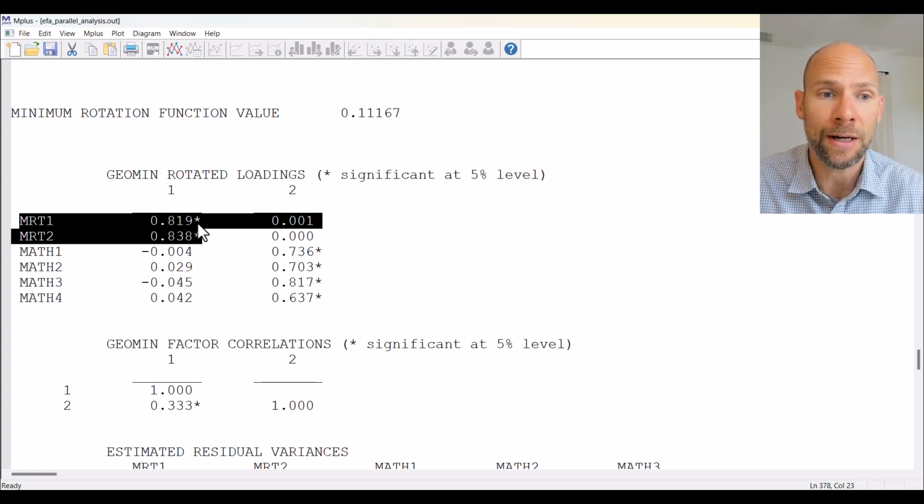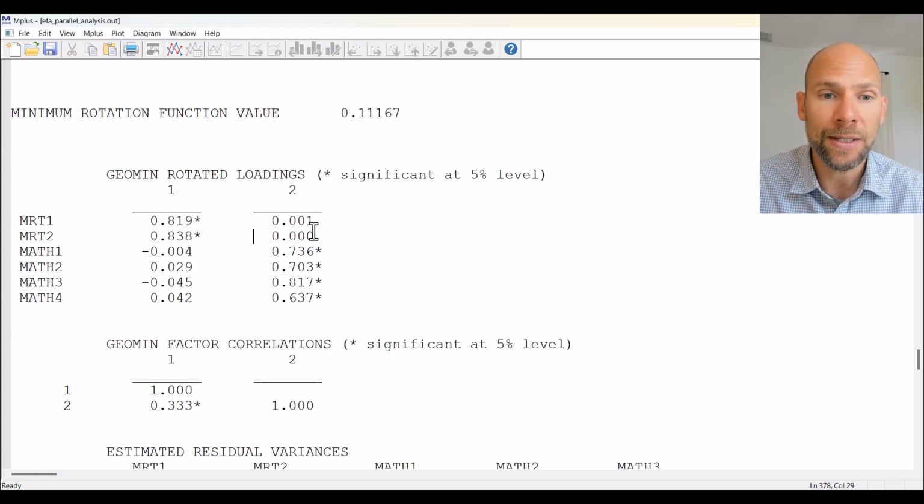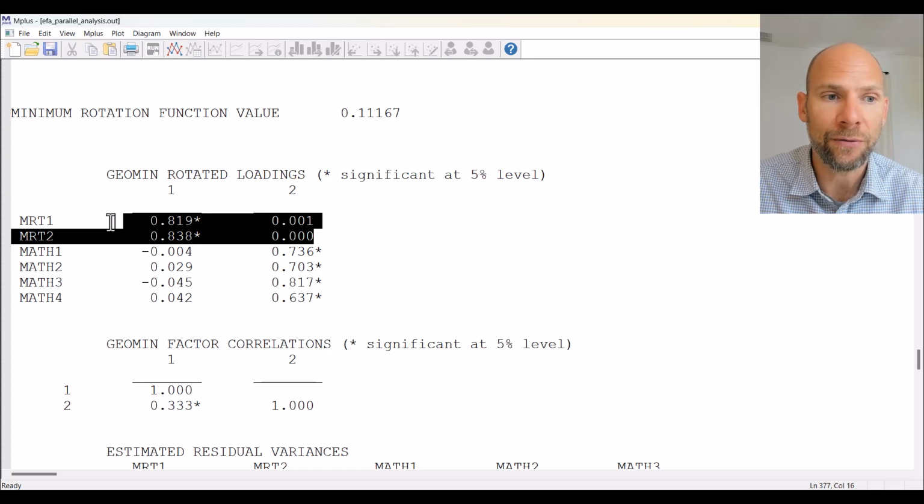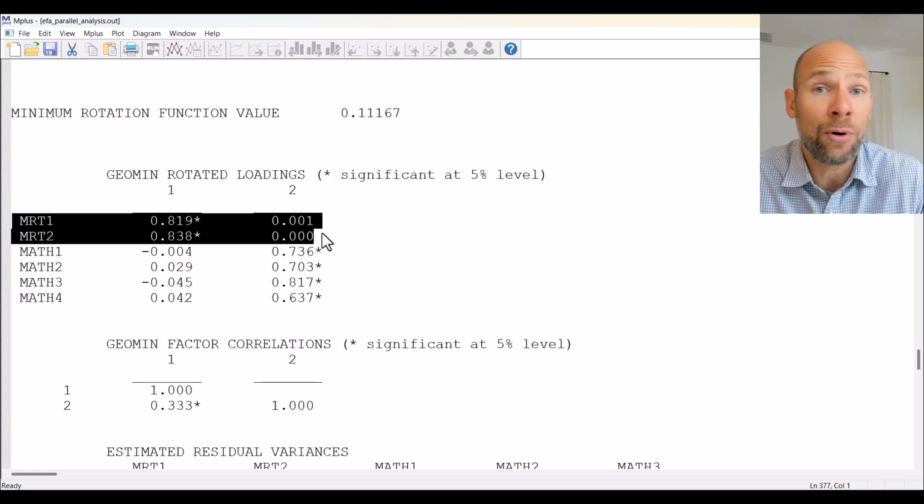Both these loadings are above 0.8. And you can see that the loadings on the second factor for these MRT variables are essentially or exactly zero. And that's perfect. That's exactly what we want. That's like a simple structure where really this factor clearly is an MRT factor and those variables have nothing to do with the second factor.